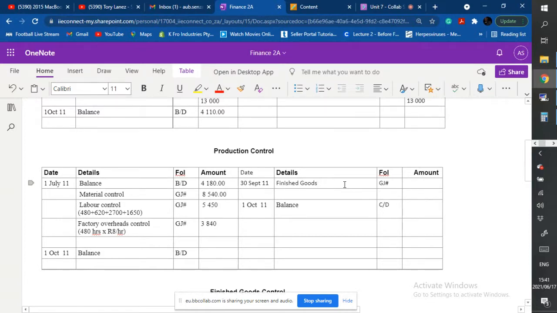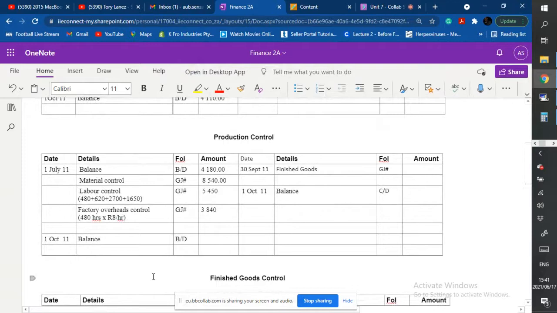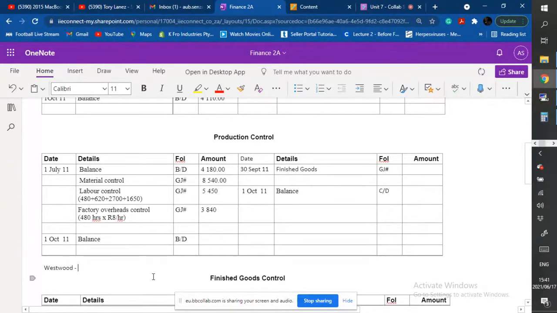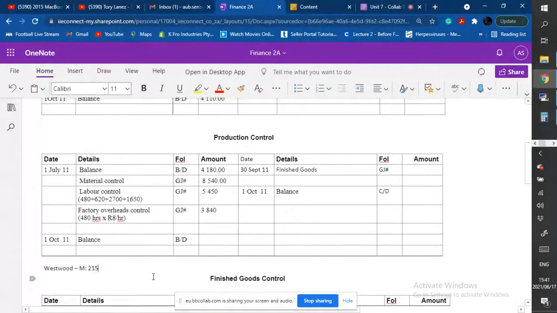So then we have to calculate how much that job cost us, but we didn't complete. In other words, that's going to be your balance of work in progress, or the balance of the production that hasn't yet been completed. So we're not going to post that to the finished goods. So we say Westwood was the only one that wasn't completed. We know that there's a materials cost of how much? 2,150.